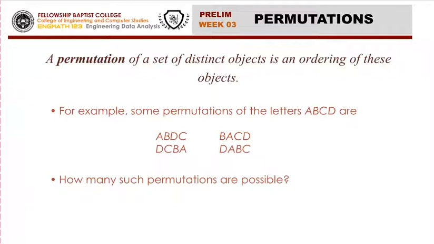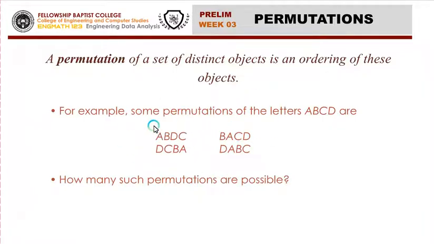For example, we are asked for some permutations of the letters A, B, C, D. So, ordering. We can have A, B, D, C, or B, A, C, D. It depends on your order.